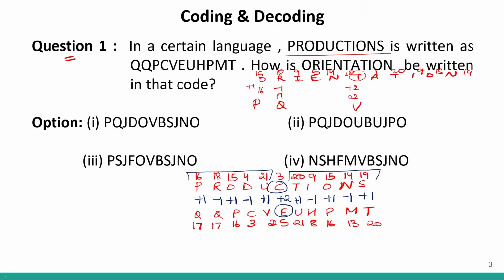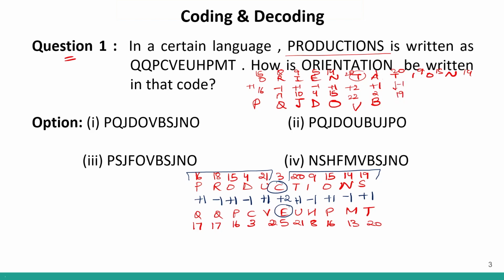Correct? I plus 1. Plus 1 will give me 10. We have J. E minus 1 we have 4 which is D. N plus 1 we have 15 which is O. Correct? Over here again A plus 1 we will have 2 which is B. Correct? 22 we have V. Yes. So we have B. Correct? Over here 20 T. T if I move minus 1 I'll get 19.